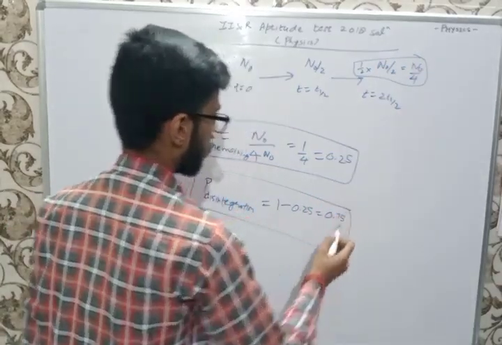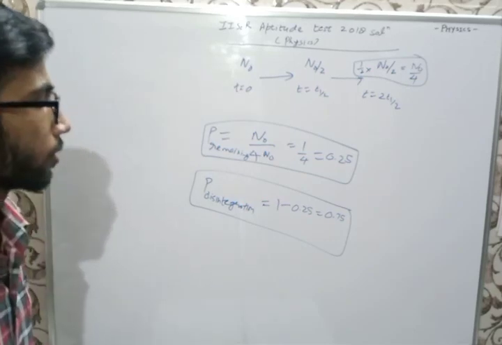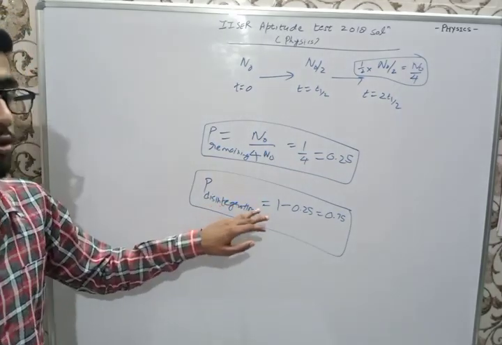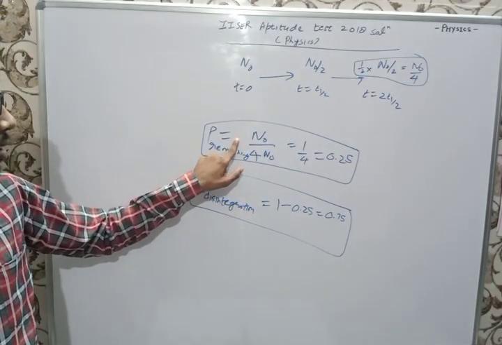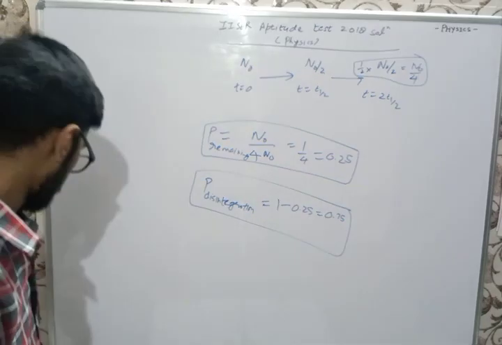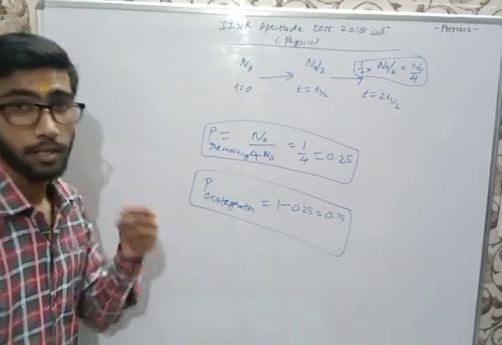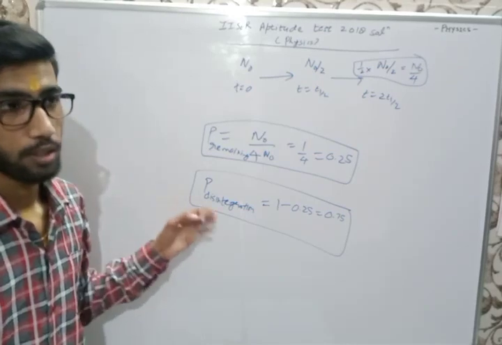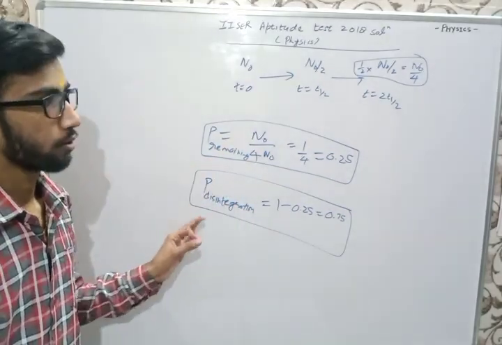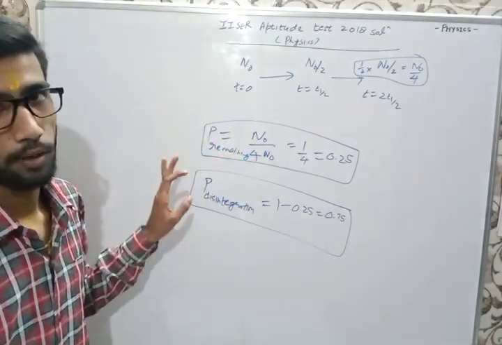It is the probability of a nuclei to disintegrate after passing 2 half-lives. The 0.25 is the probability of remaining itself. A question was also asked in 2017 on the basis of half-life, so you should be prepared on half-life.